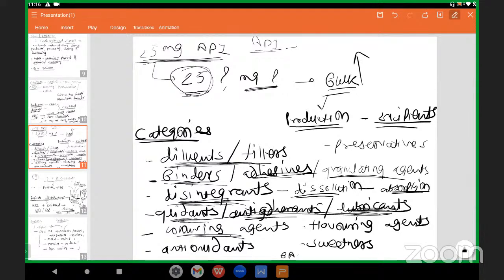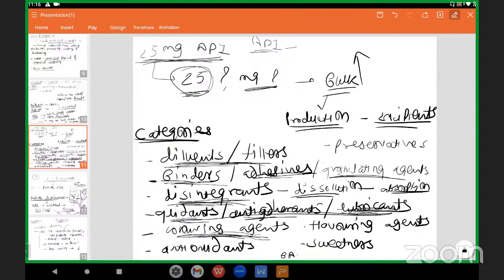Don't worry. Next one. What is the role of coloring agent? To give the color to the tablet, right? Why do we want to give the color to the tablet? Anyone? For identification. Yes, that is one purpose. Identification purpose के लिए.